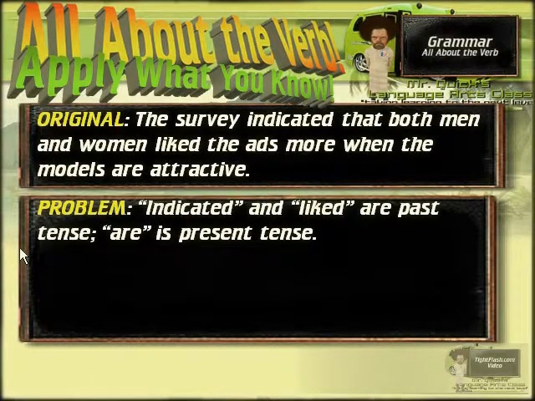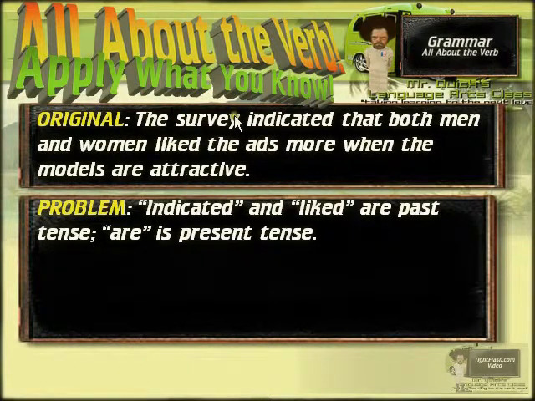Yes, if you noticed that there was a problem with the verb tenses here, you noticed correctly. We started out the sentence with indicated, which of course is simple past tense, and then we ended the sentence with are attractive.